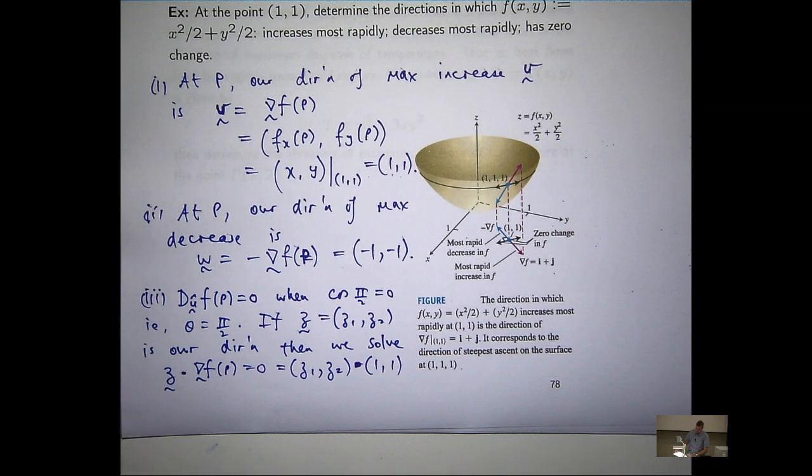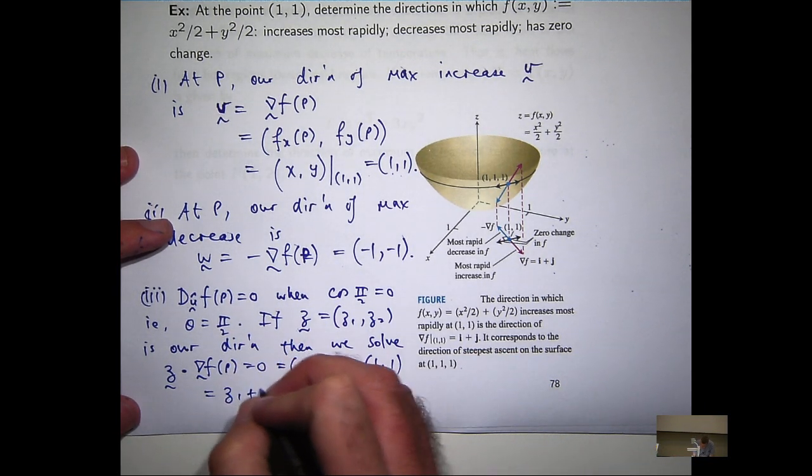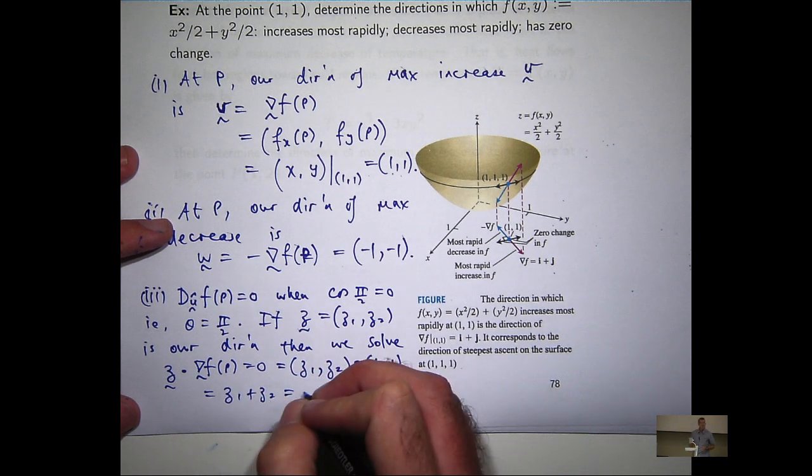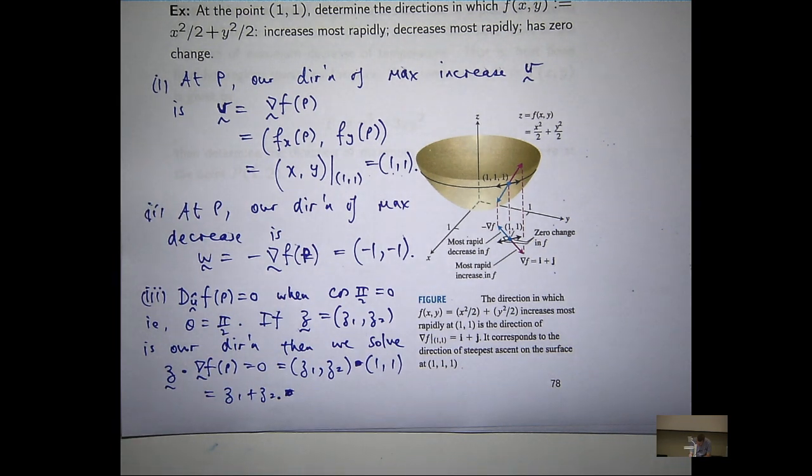We want to solve Z1 plus Z2 equals 0. So now all we have to do is pick a suitable Z1 and Z2.